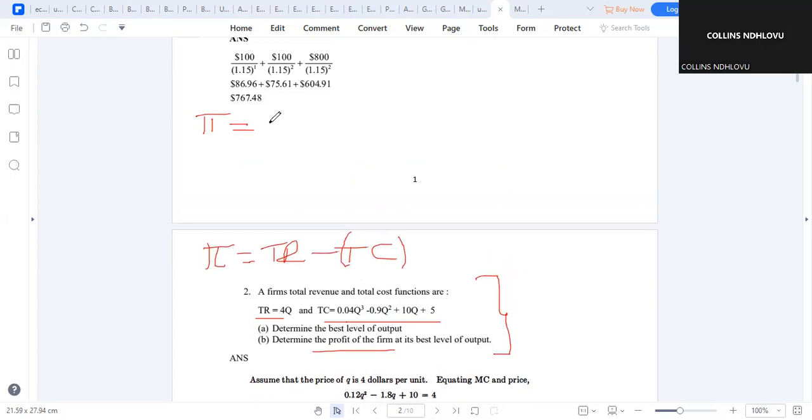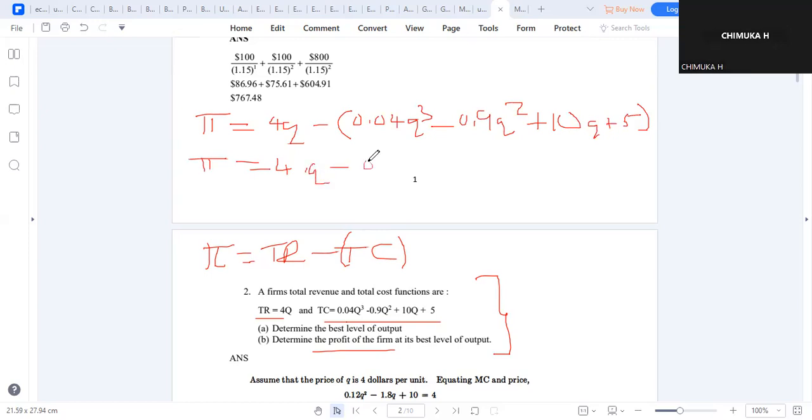So here we're going to have profit is 4q minus brackets 0.04 q to the power 3 minus 0.9 q to the power 2 plus 10q plus 5. Then what happens with this negative?